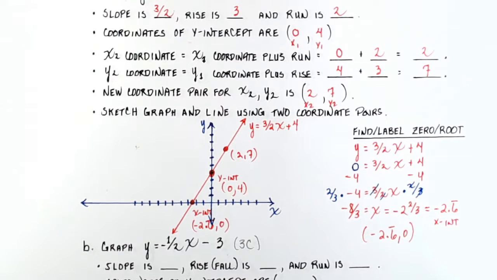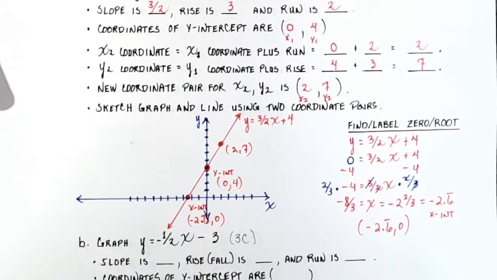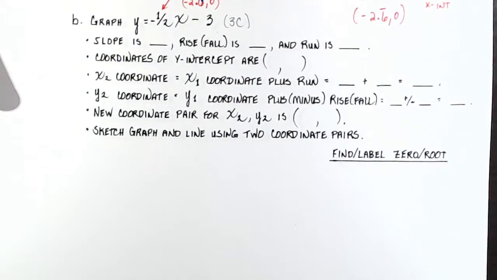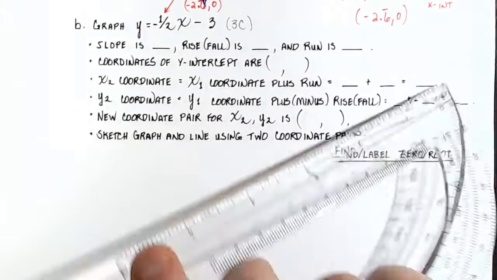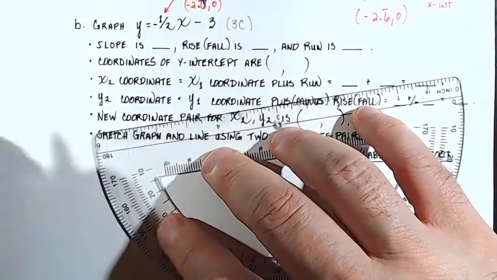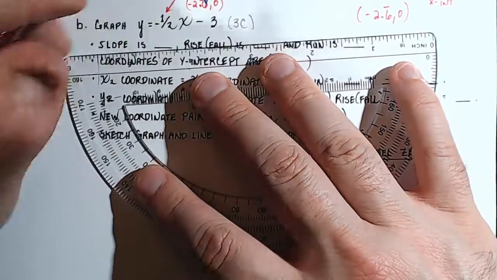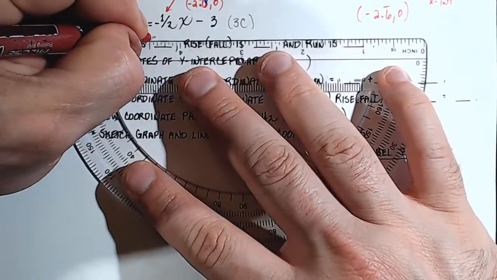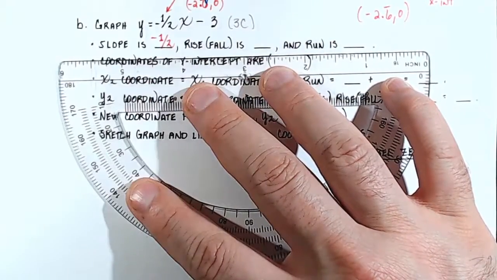Problem number 2, we're going to do it just the same way, just more practice. Okay, so here we're given a new equation. Y equals negative 1/2 x minus 3. So the slope in this one would be negative 1 over 2, negative 1/2.